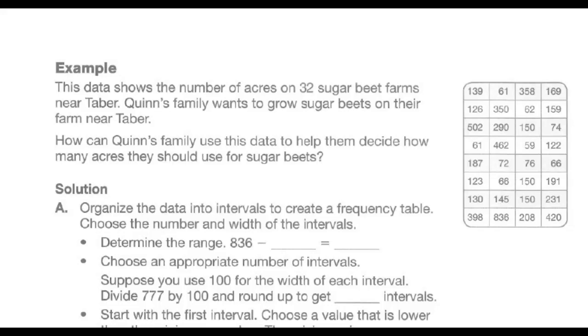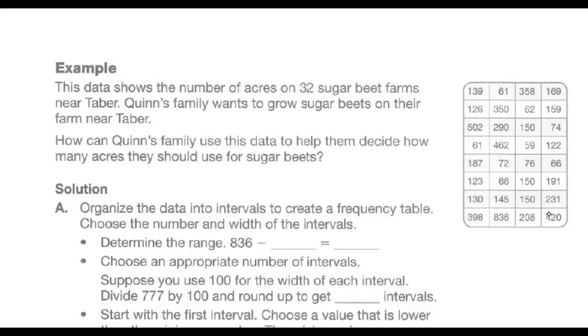Okay, so next one, this data shows the number of acres on 32 sugar beet farms. So you can see the chart near Taber, Alberta. Quinn's family wants to grow sugar beets on their farm near Taber. How can Quinn's family use the data to help them decide how many acres they should use for sugar beets?